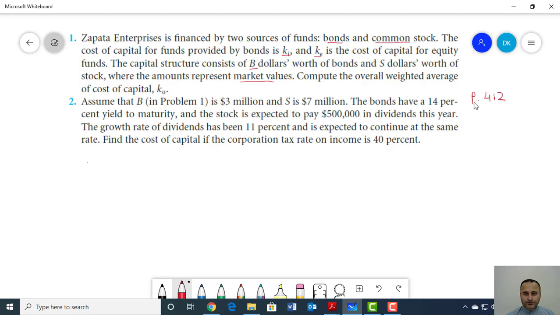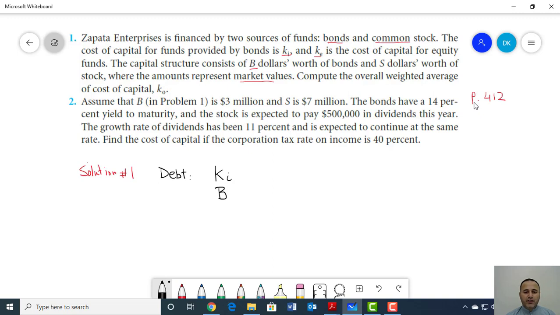So, the solution for problem number 1. Let's copy the data first. For debt, KI is the cost and B is the amount of dollars in terms of debt.